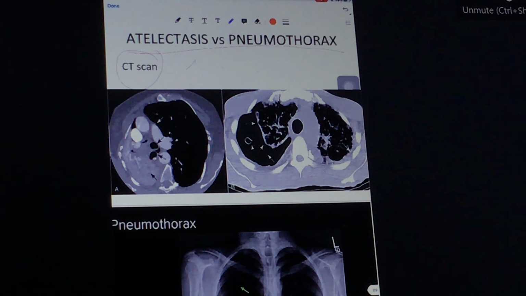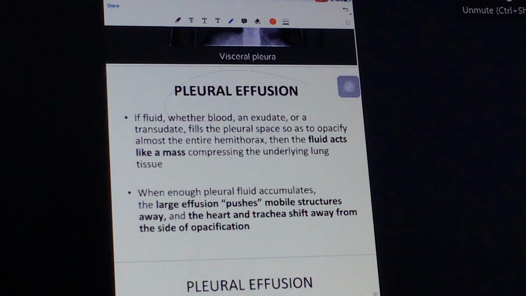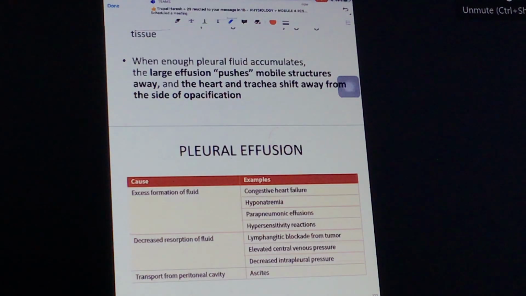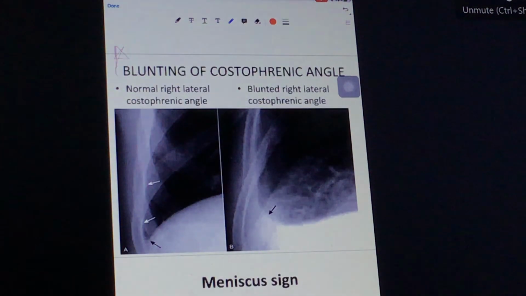Okay. Pleural effusion is a fluid that acts like a mass. Always remember that in pleural effusion, there's blunting of the costophrenic angle, meaning the angle in between the ribs and the diaphragm.